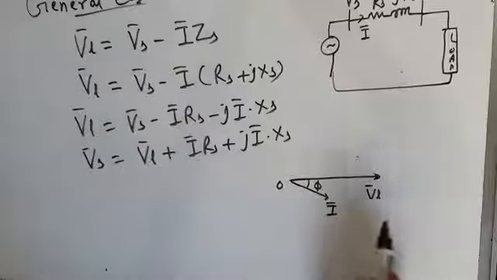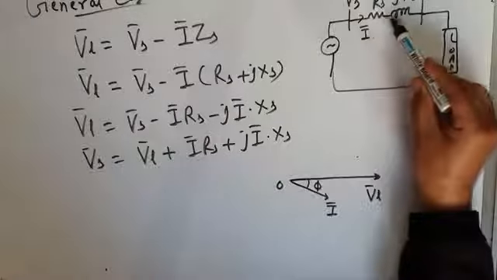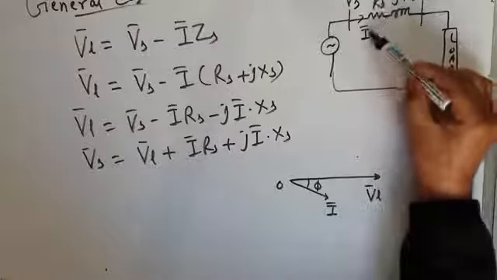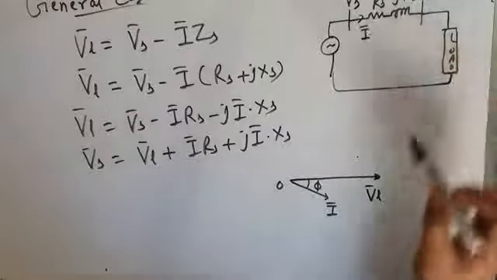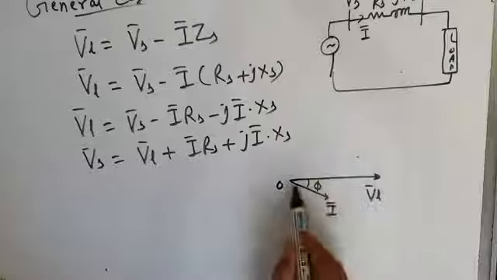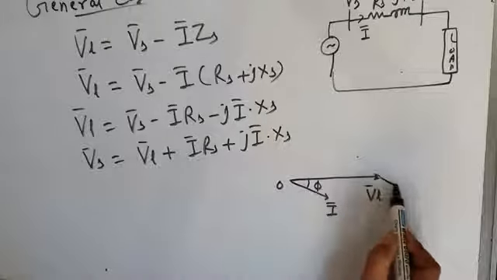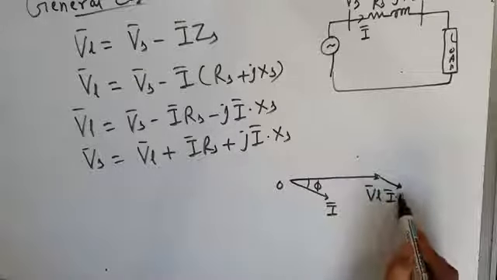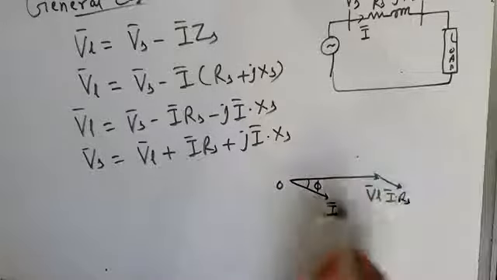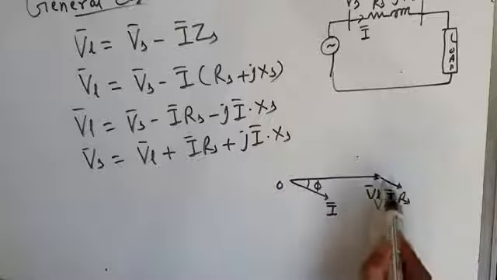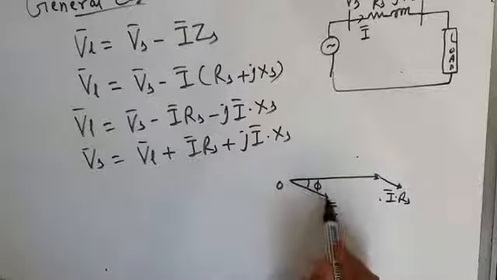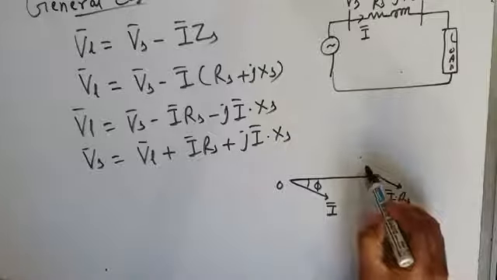When current flows through this feeder, there is a resistive voltage drop, and that I into Rs voltage drop is in phase with the current I. So draw a vector which will represent this voltage drop I into Rs. You can see this vector is parallel to the current vector because this voltage drop is in phase with the current that actually caused it.